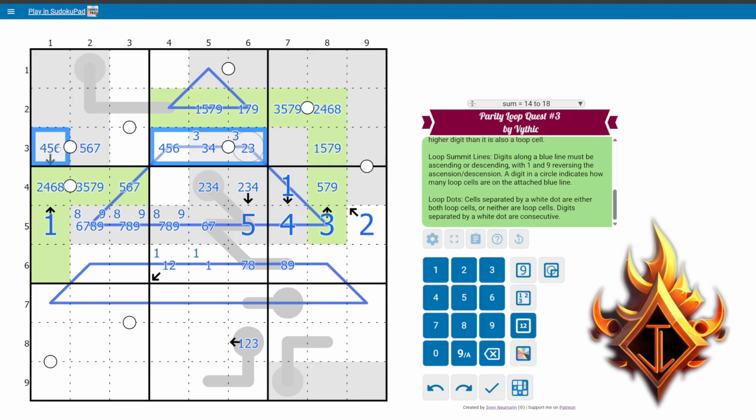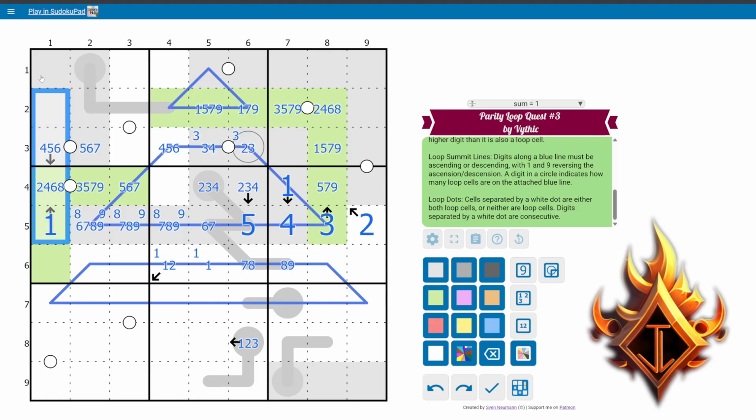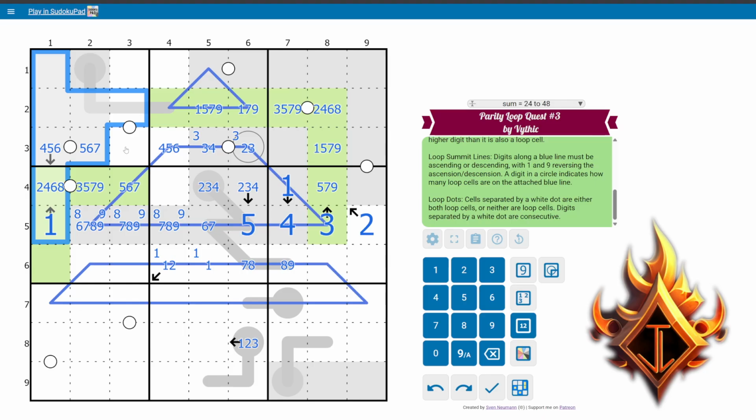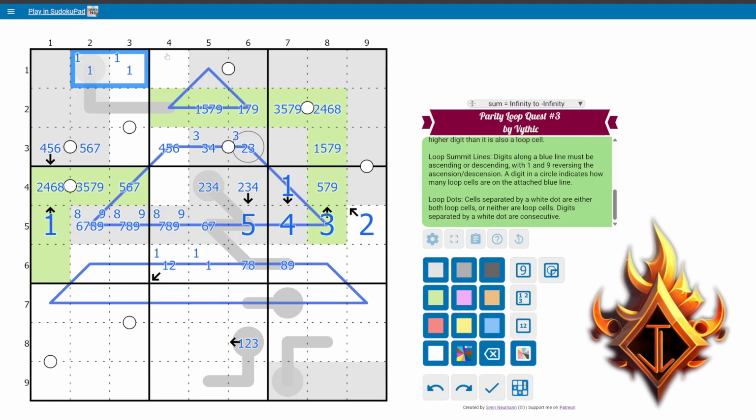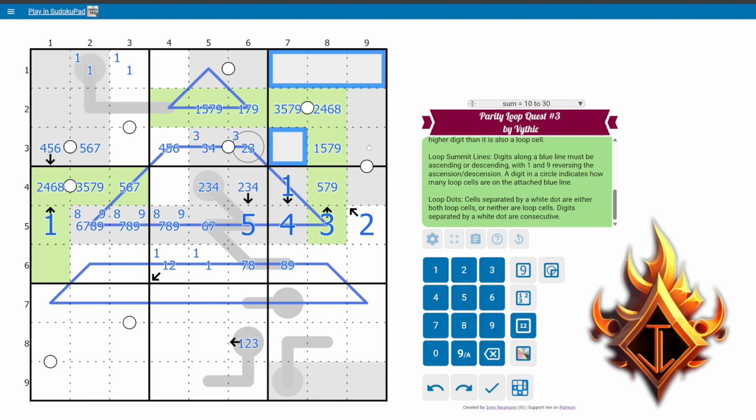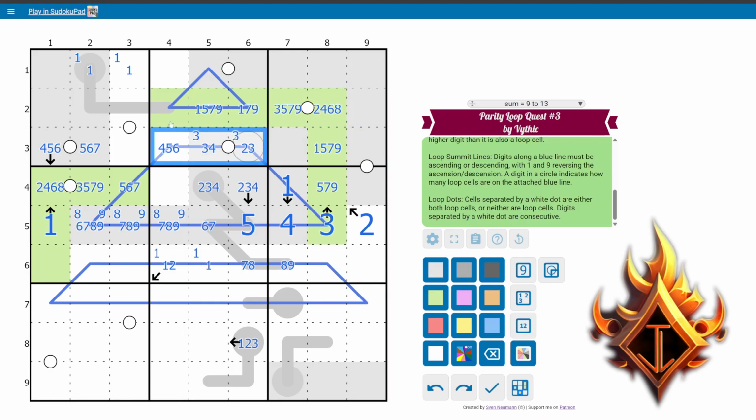2, 3, 4, 5. 1 is on this top row. Oh, but 1 is not on the bottom.